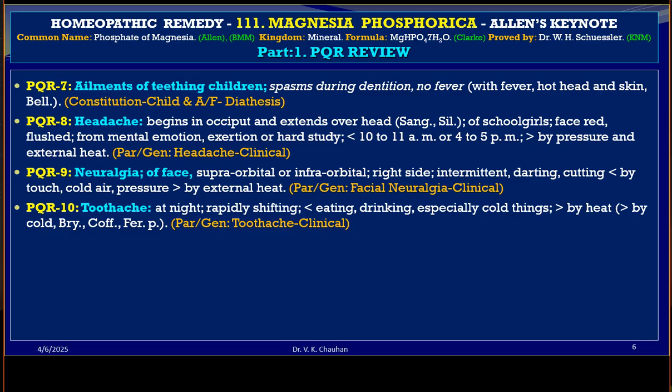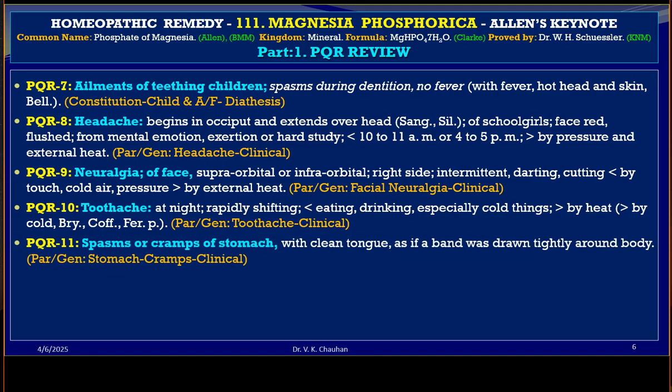This pathology is functional and neurological, and eating or drinking initiates the attack, especially cold drinks. And better by heat is a good modality of Magnesia phos. If you have better by cold, we have the remedies bryonia, coffea, ferrum phos.